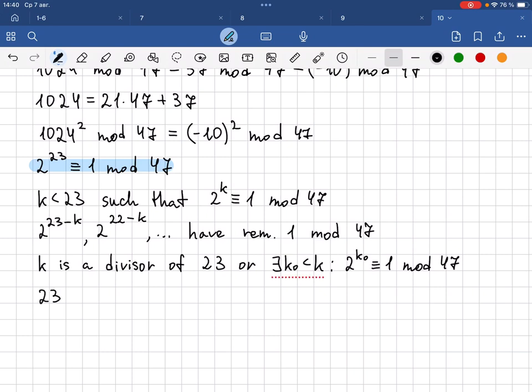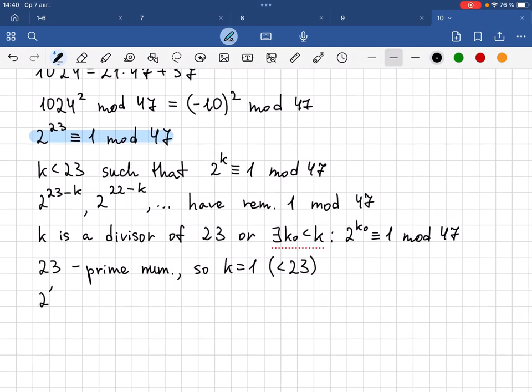However, we know that 23 is a prime number. So our k equals 1 is the only divisor that is lower than 23. And obviously 2 to the power of 1 will not give us this remainder of 1 mod 47.